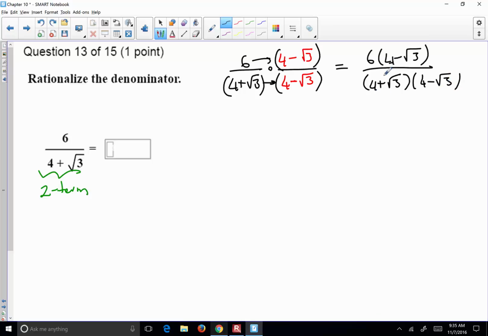Okay? Alright, what is next? We will first multiply the denominator. Multiply. Oh, we need to FOIL this, right? Yes, you can FOIL it, but that's a long way. How do I get that quickly? How do I get this bottom quickly?